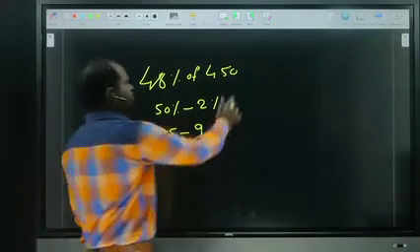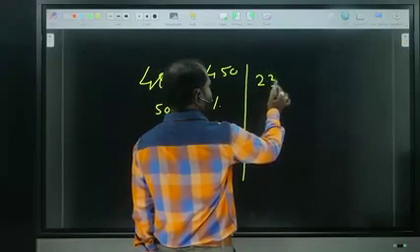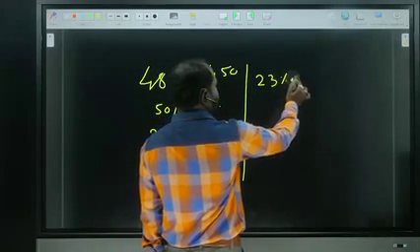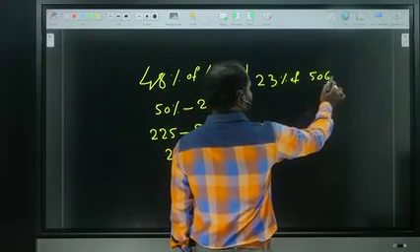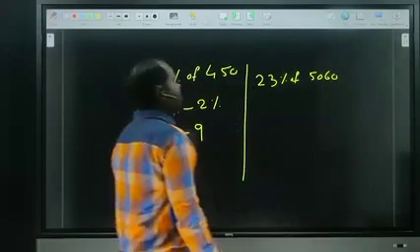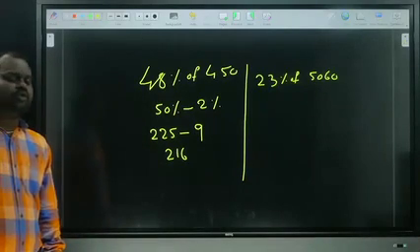In case I gave 23% of 5060, how do we take 23%?